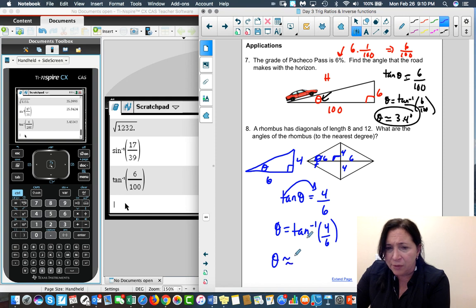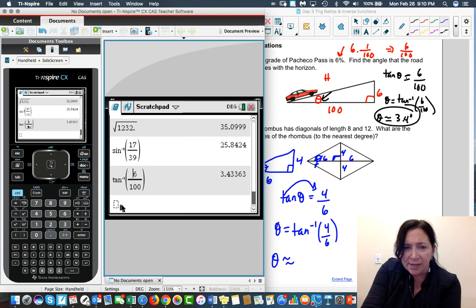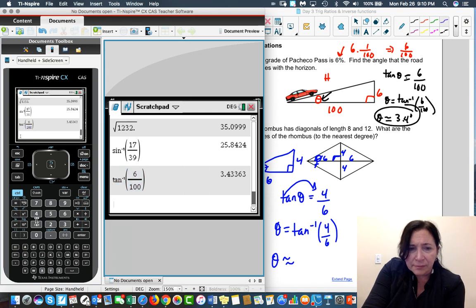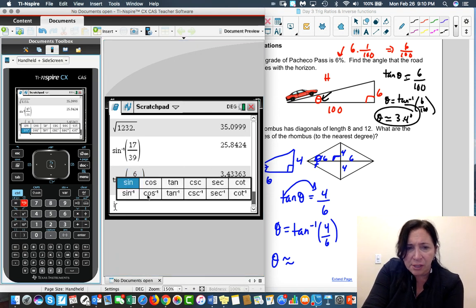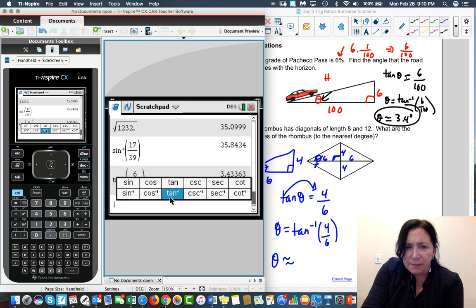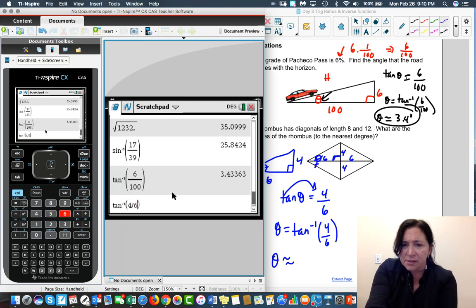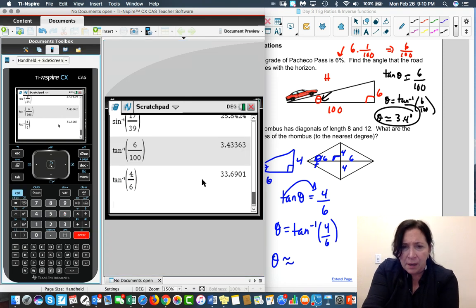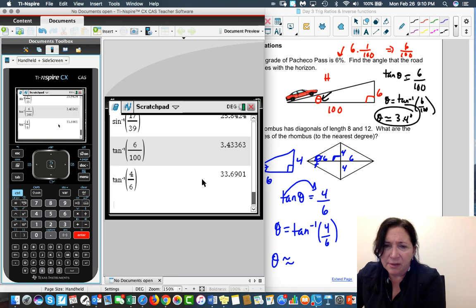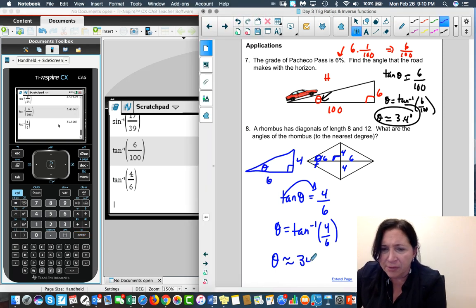Using the trig function arc tangent of 4 divided by 6, we get approximately 33.7, so we'll say 34 degrees. So it's about 34 degrees, this one little angle here.